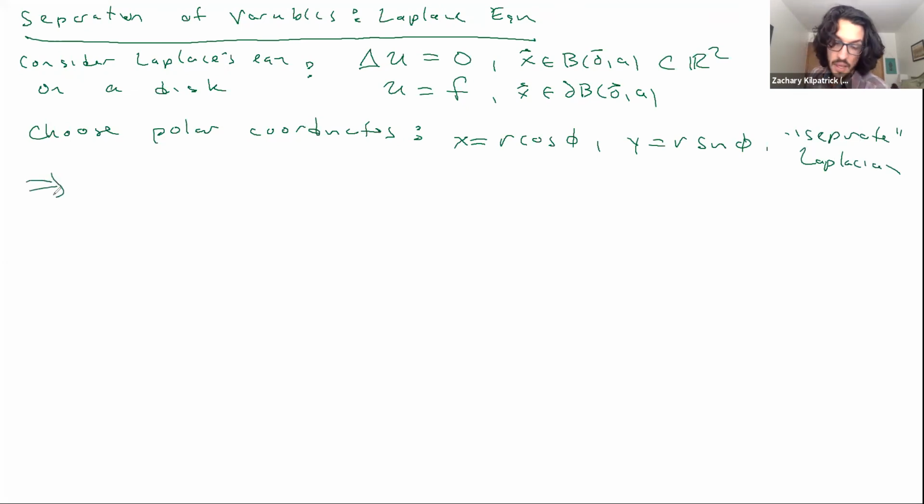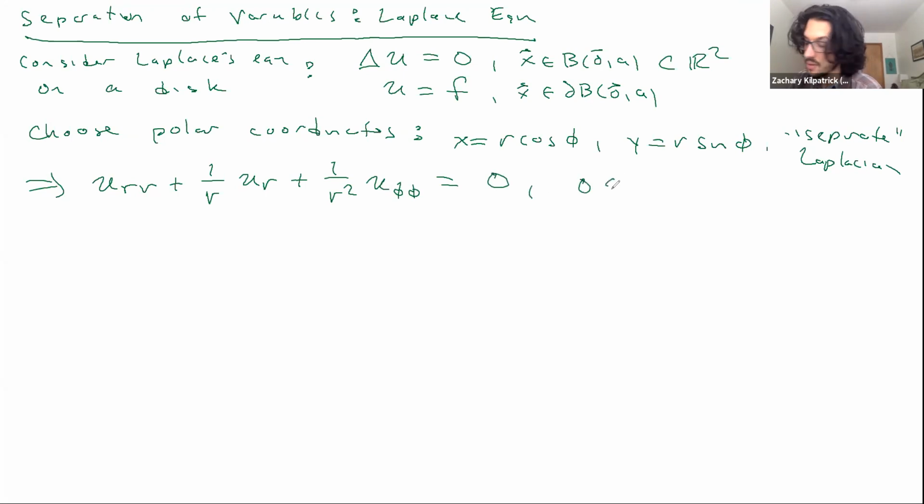And so in the process, we can work out that that operator becomes the second derivative in r of u, plus 1 over r, u sub r, plus 1 over r squared, u phi phi. You could do this by chain rule. And this is defined in our polar coordinates.